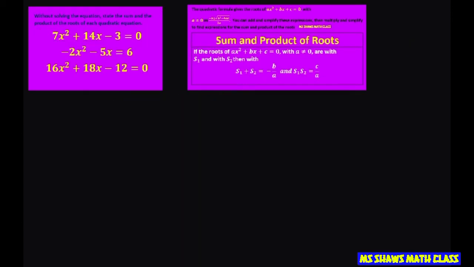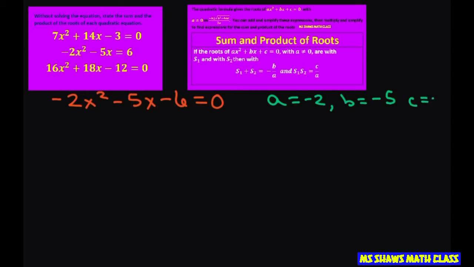All right, now let's do the next problem. Let's go ahead and write this in standard form. We can go ahead and leave our A negative, but I'm just moving that 6 over. So basically our A would be -2, B equals -5, and C equals -6. Okay, if you wanted to, we could negate this whole thing and make all these positives.